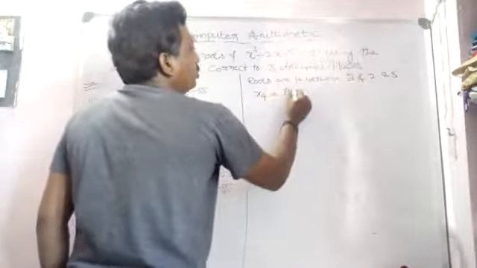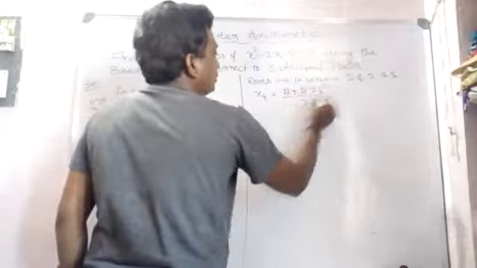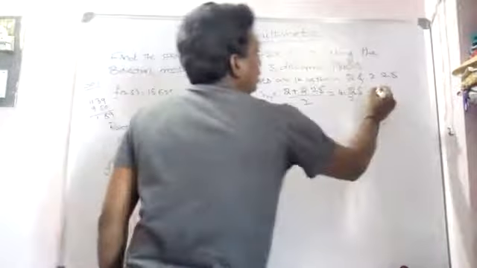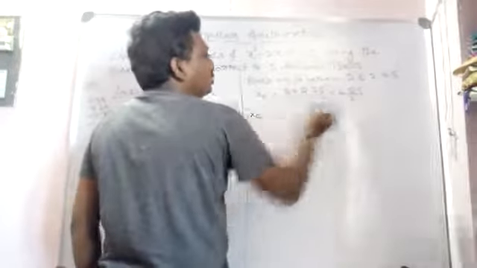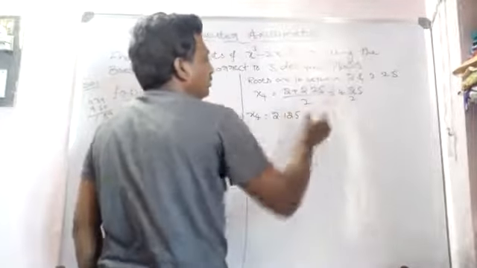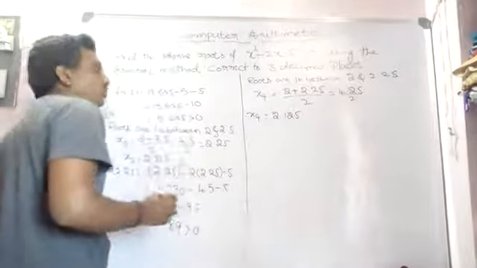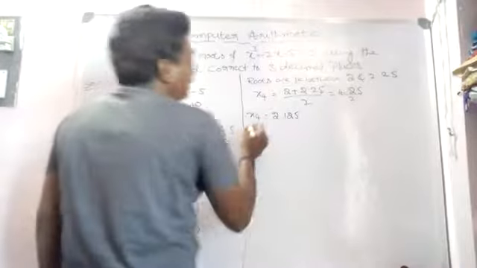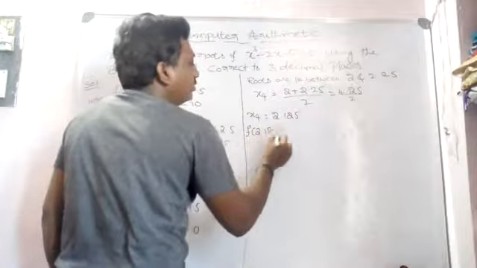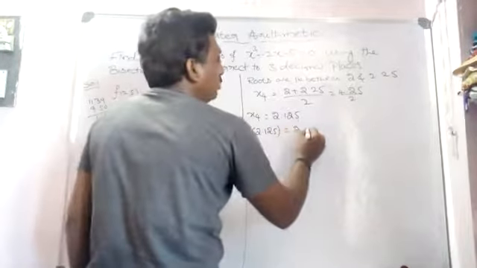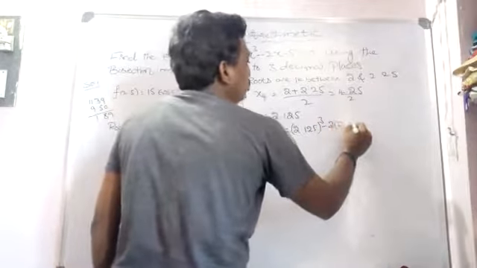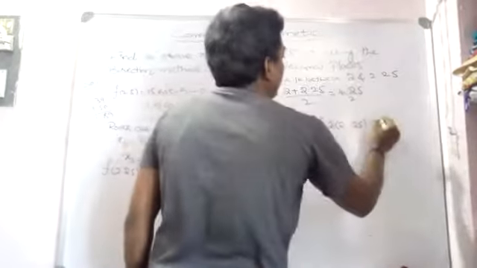Now x4. x4 equals 2 plus 2.25 by 2, that equals 4.25 by 2, that equals 2.125. Now substitute this value in the cubic equation. f of 2.125 equals 2.125 whole cube minus 2 into 2.125 minus 5.